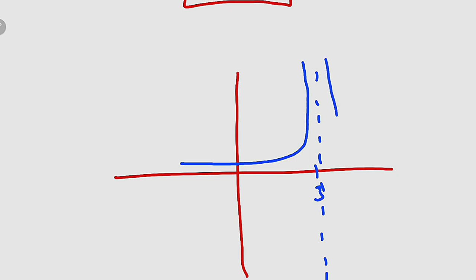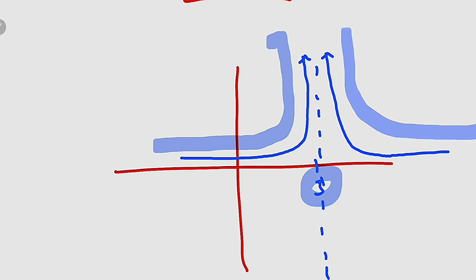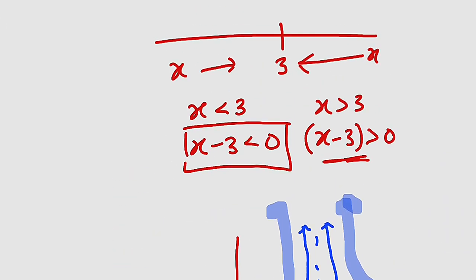Something like this. As you approach 3 from the left-hand side, the curve will deflect towards positive infinity. Likewise, from the right-hand side, it will tend to approach positive infinity. So in either way, you're going to approach positive infinity.